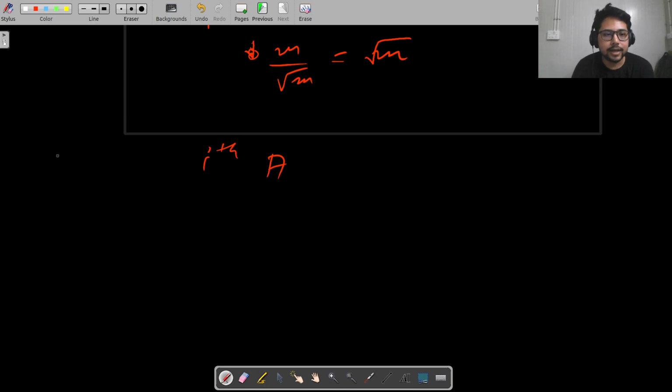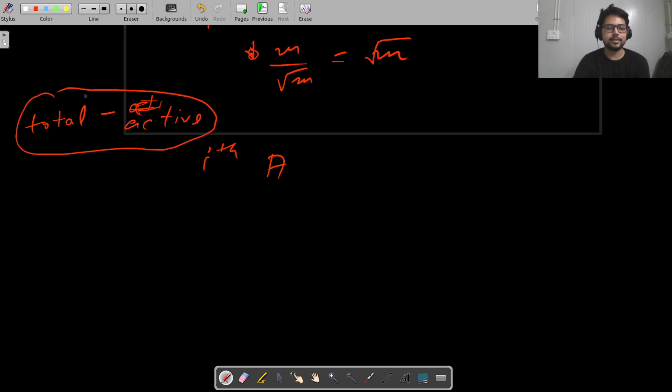To find that, we can find the total number of trains available in the department minus the total number of trains that are in active state. Like this will eventually give us our answer.